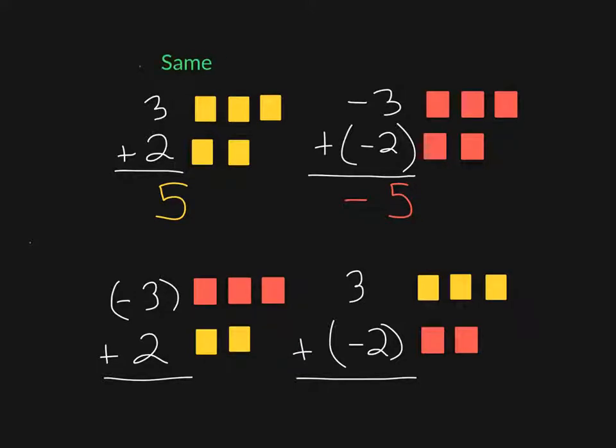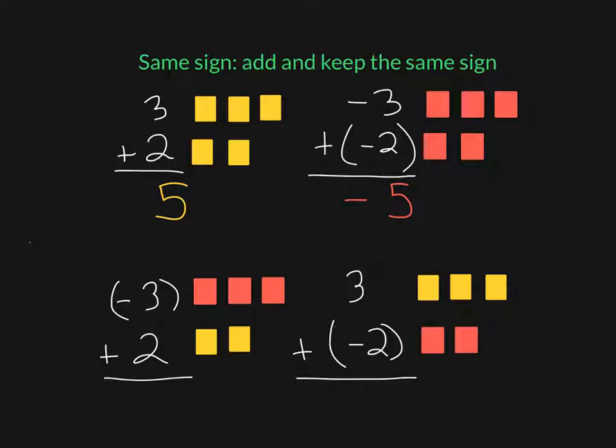Anytime the signs are the same, we are going to add and keep the same sign. So if we have 2 positives, we add and keep the positive. If we have 2 negatives, we add and keep the negative.